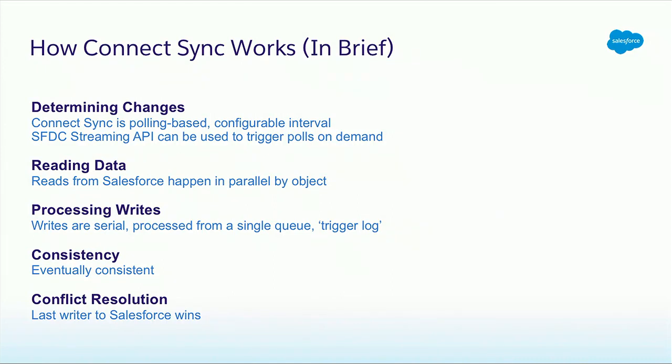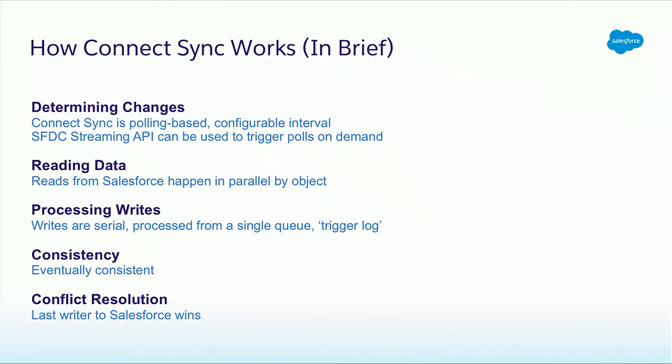And that can, for example, cross the boundary of a master-detail, parent-child type of relationship. So that's why we talk about eventual consistency. In reality, if you set up Connect to work as aggressively as possible, and you've modeled everything to be geographically co-located, you have a healthy database and a well-performing org, the latency is in seconds to low minutes. So pretty low latency.